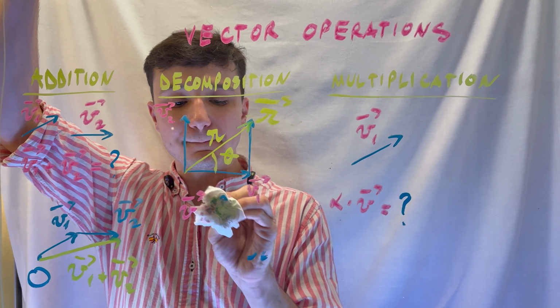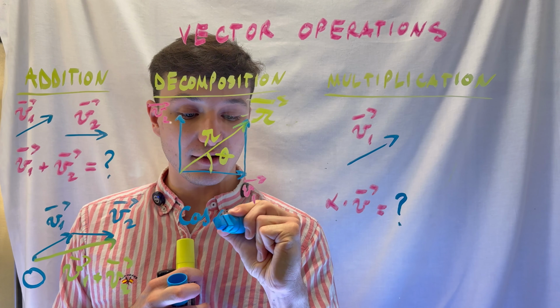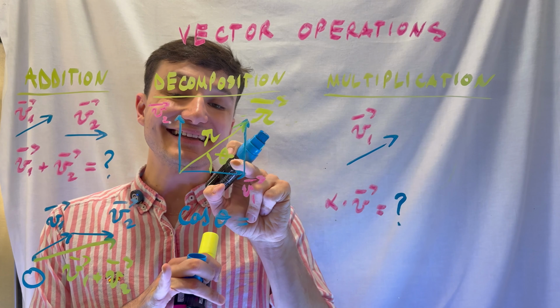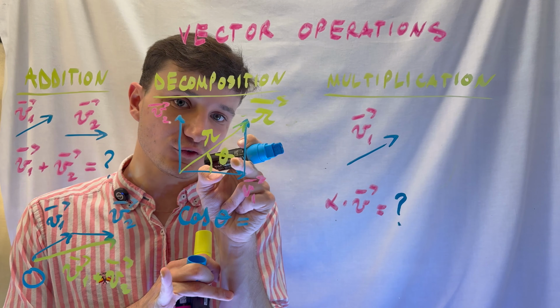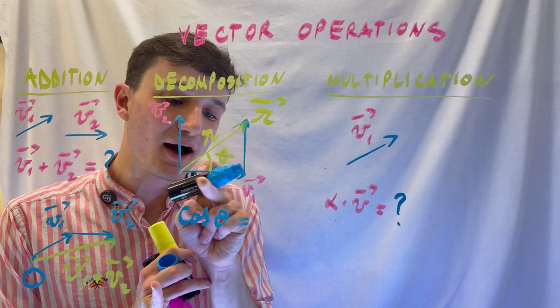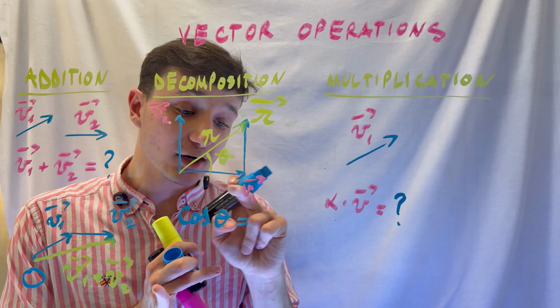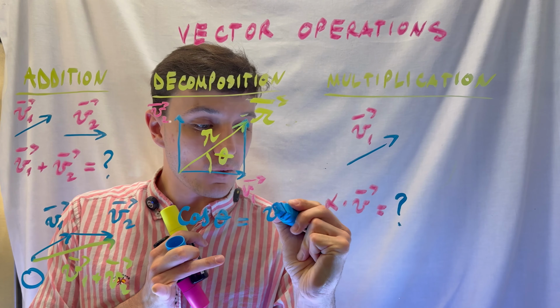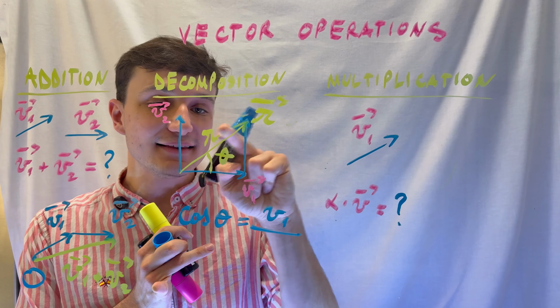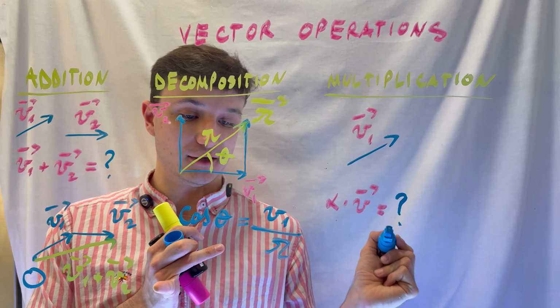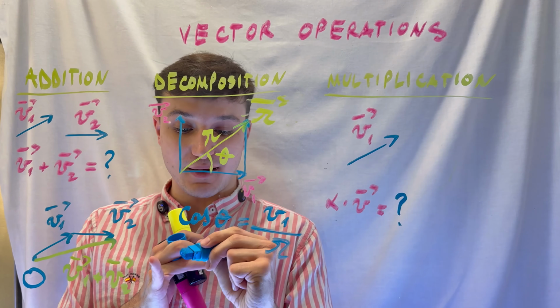If you remember from geometry, the cosine of our angle theta will be the length closest to the angle, meaning the one on the bottom, divided by the hypotenuse. This distance right here will be the magnitude of v1, and then the hypotenuse, of course, is r. Now, what's the sine of my angle?